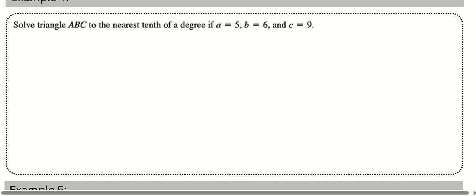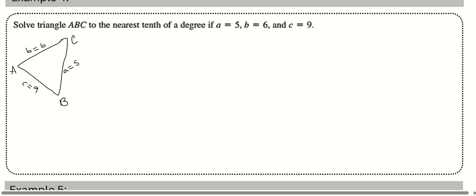So let's do another one of these, and then we'll do a side side side triangle. Or actually, this is a side side side triangle. So here is my not so great triangle, A, B, and C. And we're told that little a happens to be 5, little b happens to be 6, and little c happens to be 9.